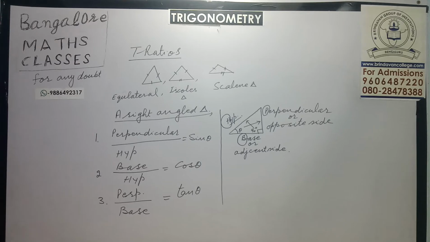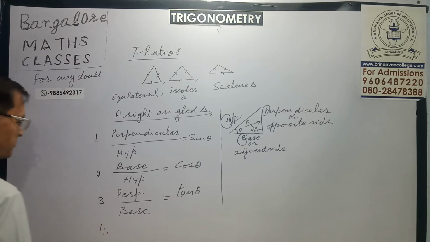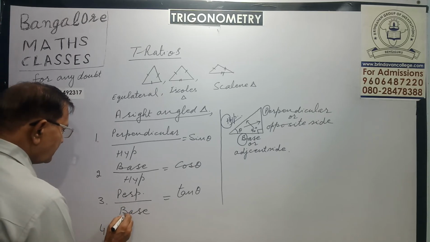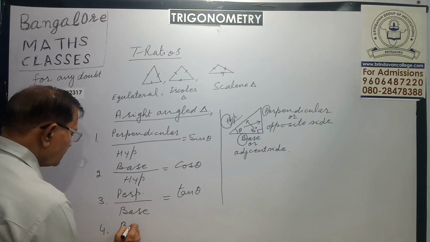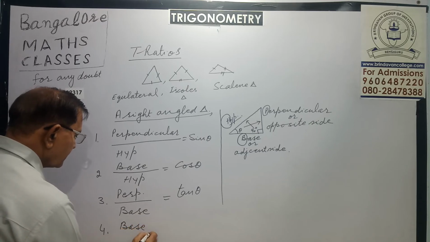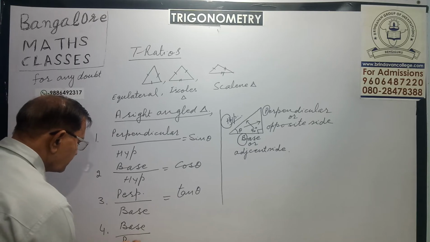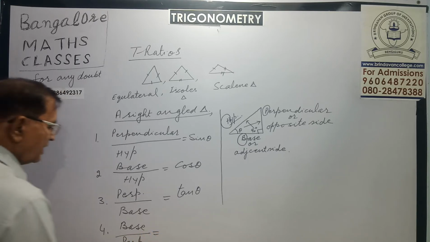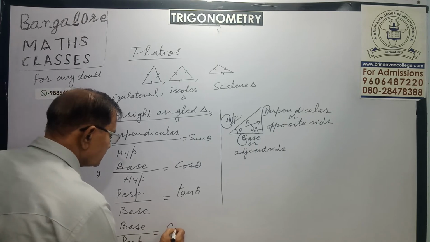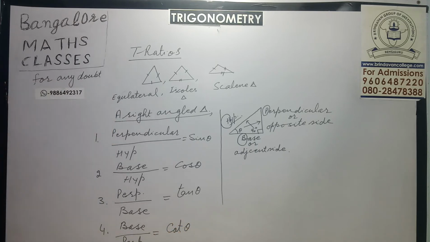Three reciprocals. That is fourth. Let's consider this base in the numerator, perpendicular in the denominator, and its name is cotangent, that is cot theta. Cotangent, in short we are writing cot theta.